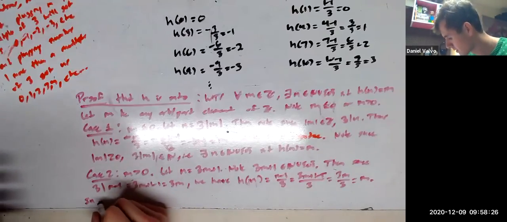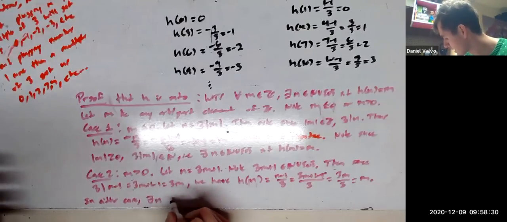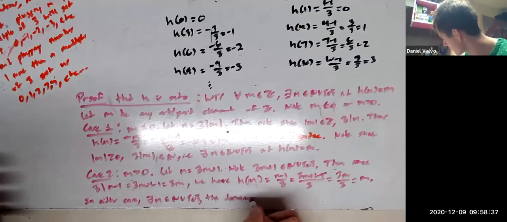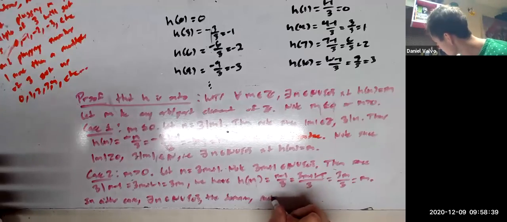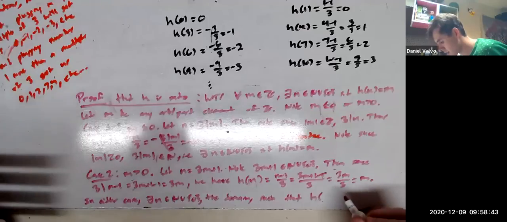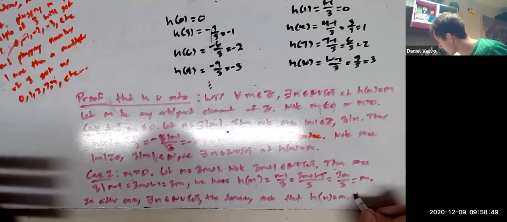So in either case, there exists an n in the domain such that h of n equals m.